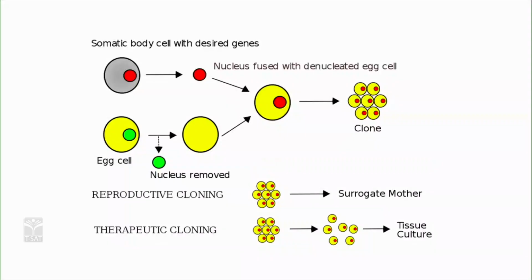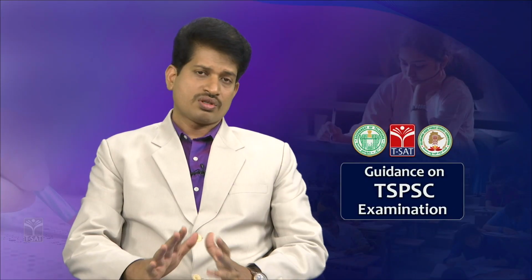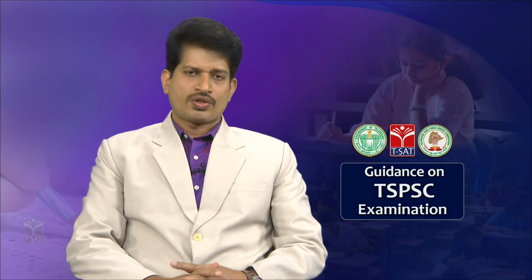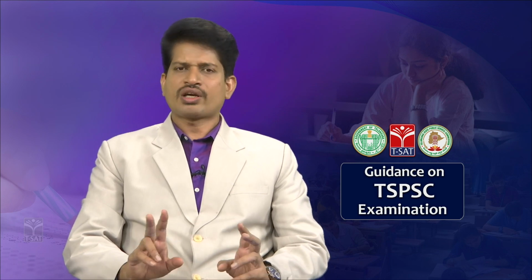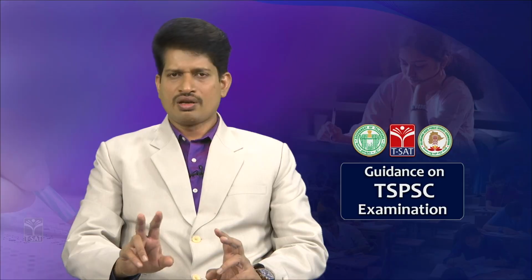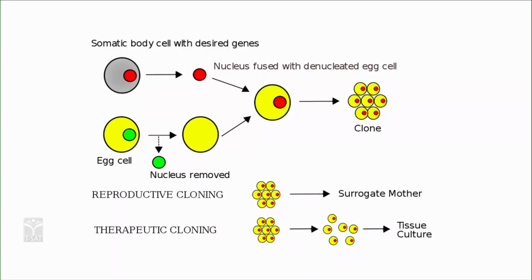So, the second type of cloning is somatic cell nuclear transfer. Here we consider how this technology is done. For this we need to understand the meaning in the name of the technology itself: somatic cell nuclear transfer. So, what are somatic cells?